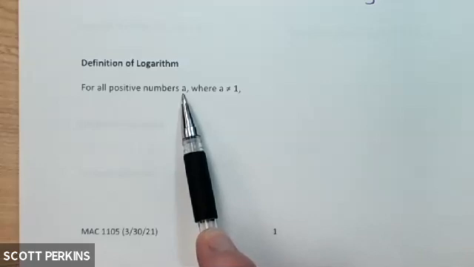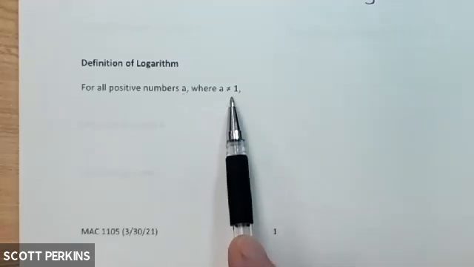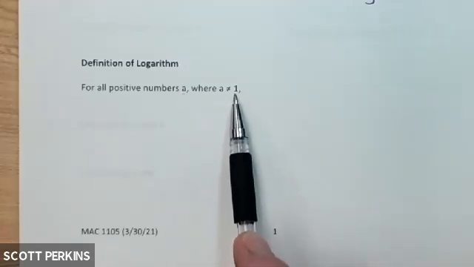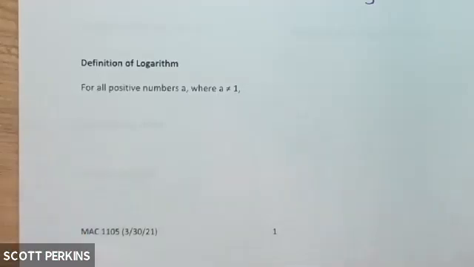We're not considering negative bases of our exponential in this class. We're only considering positive bases, and we're also not considering the base of 1 because it's not super interesting. This is just a definition, and we're going to finish out our last 15 minutes just getting used to it. When we come back next time, we're going to do some problems involving this definition.